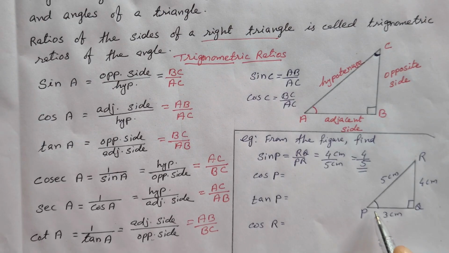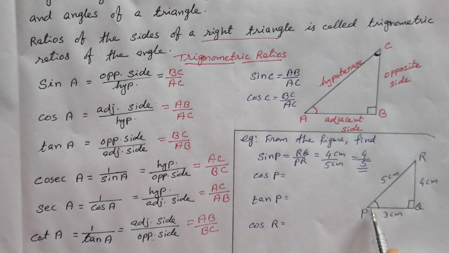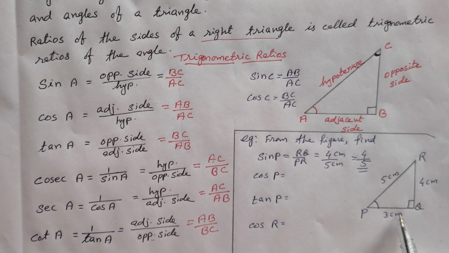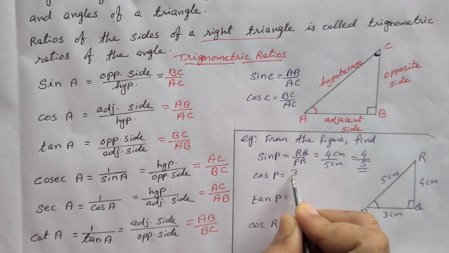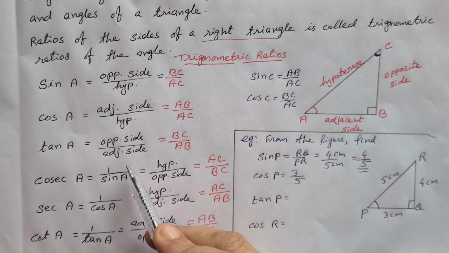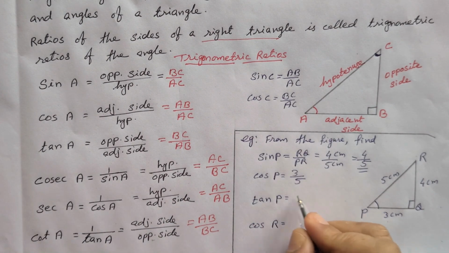Then cos P. Cos P means adjacent side by hypotenuse. For the angle P, PQ is the adjacent side, so adjacent side by hypotenuse gives the ratio 3 by 5. Tan P, opposite side by adjacent side, 4 by 3.